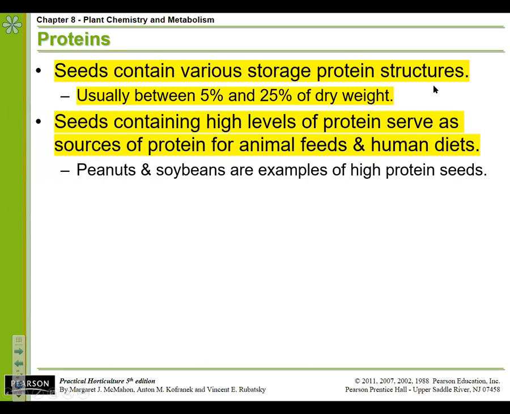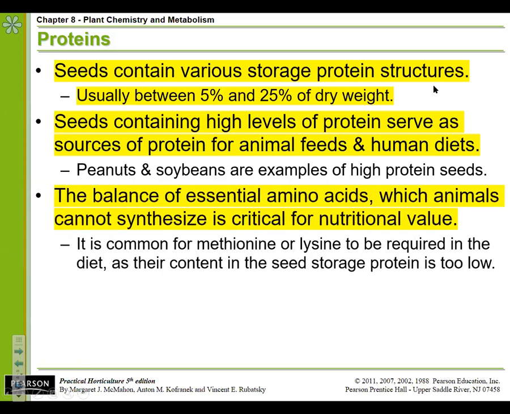Most legumes are examples of these really high protein seeds, and that's why we're growing them and feeding them to animals as well. The balance of the essential amino acids, which animals cannot synthesize, is critical for the nutritional value of plants.